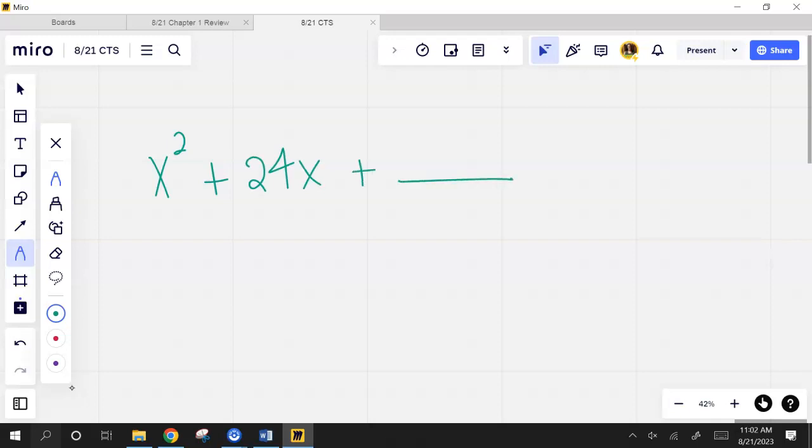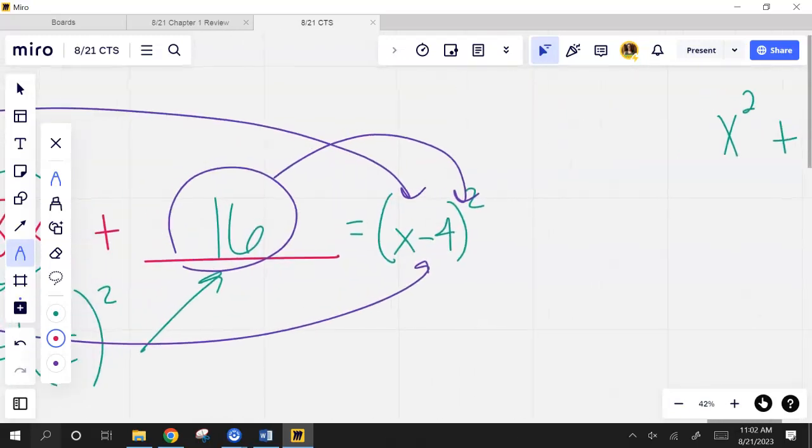I want you to find the good C that would go there and then factor the trinomial. Think you get it? Don't say it out loud. Yes.